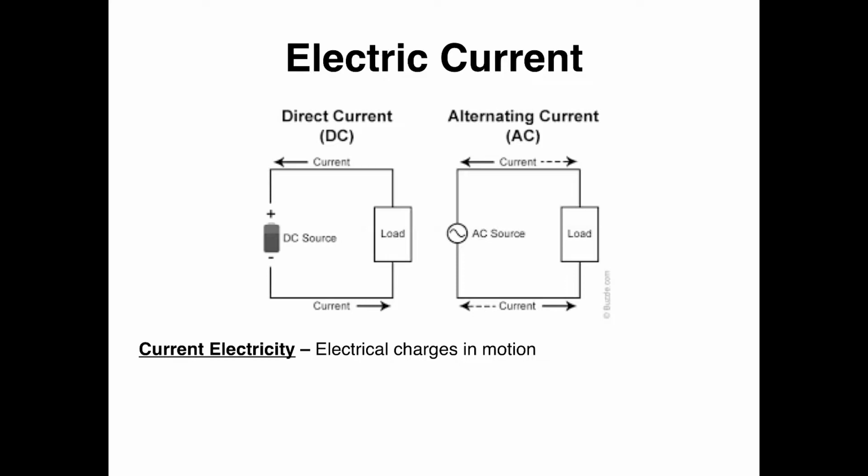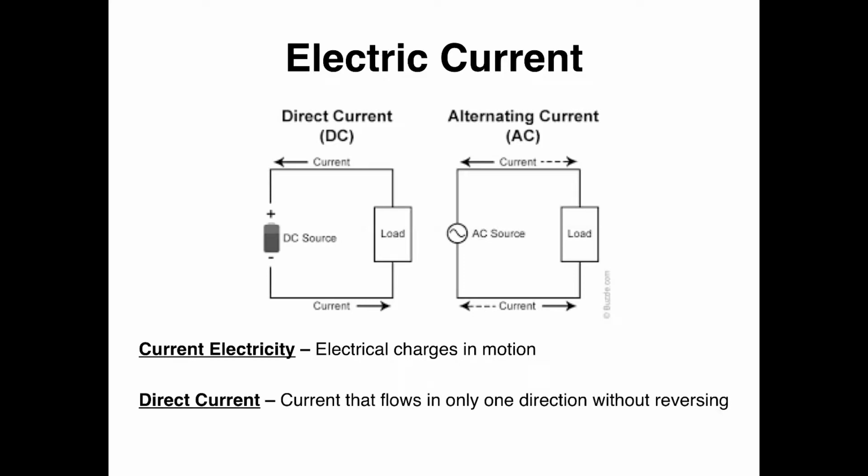Now what you see on the left here is what's called direct current. Direct current is current that can flow in only one direction. As you can see here, the current is flowing in the counterclockwise direction. That is, on the bottom from left to right, on the top from right to left. It starts at the negative pole of your direct current source, which is commonly a battery, travels around, passes through the load, and a load is anything that is operated by electrical energy.